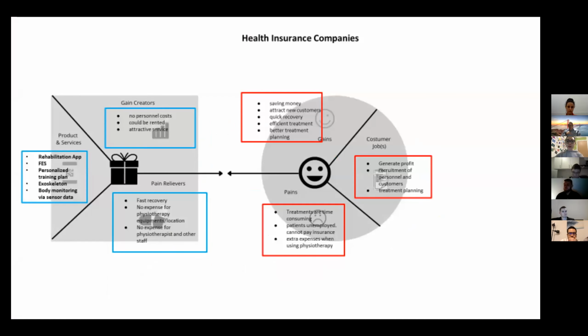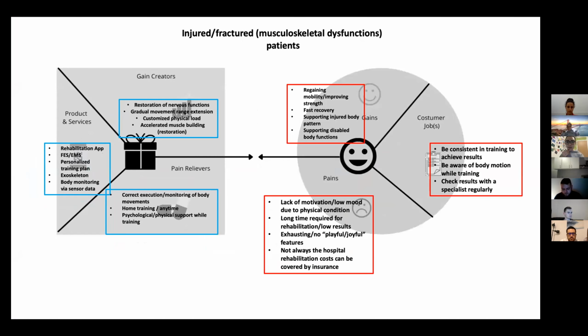We chose to keep the health insurance companies because when we create Exobot, we basically want to be in touch with the healthcare providers, who will share the product with the patients. So I think it's important to keep this category of customer, like a business-to-business model. And then as a patient, those patients that maybe have injuries or musculoskeletal dysfunction.